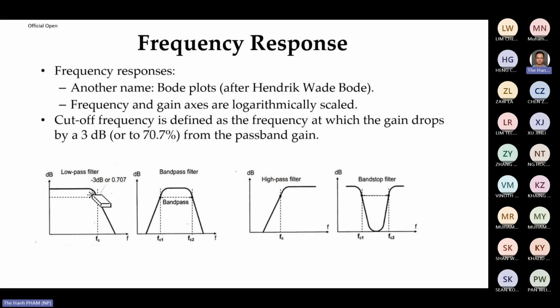So for the low pass filter, this is the shape of the frequency response, and this axis is gain, right? This is a band pass, and so on and so forth. Up to this point, you will see you have 2 different bands. The first part here is band pass, and this one is band stop, right?